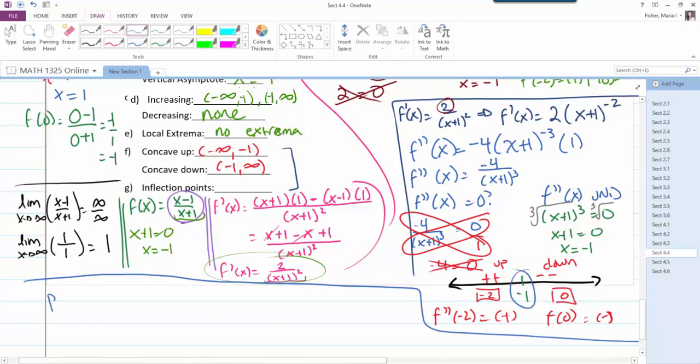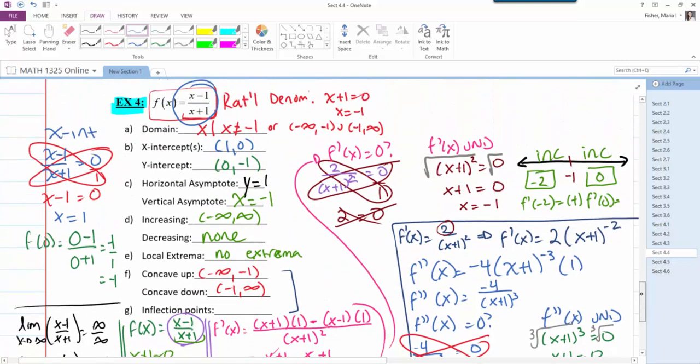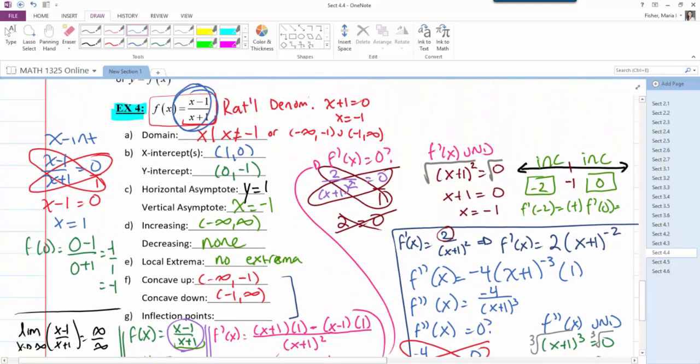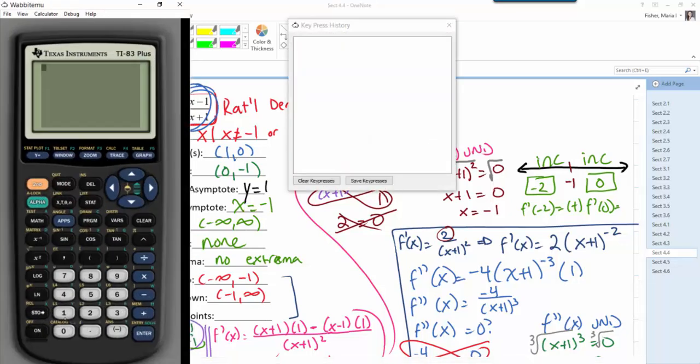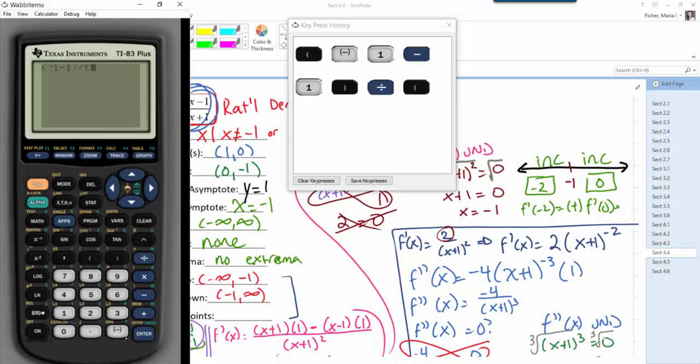So then you're trying to find any inflection points, and you do know that you change concavity here. So you say, okay, well, I should have a point of inflection at negative 1 comma some value. If I plug it into the original function, x minus 1 over x plus 1, I would get negative 1 minus 1 divided by negative 1 plus 1, hit enter, and I get error, division by 0, because division by 0 is not defined.